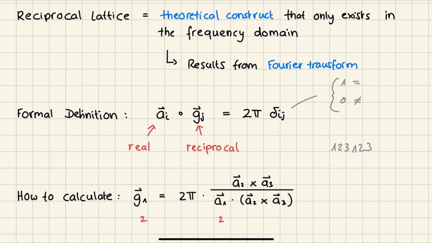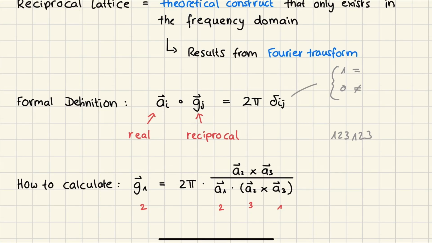Since we have to include them in ascending order, after the 2 comes the number 3, and after the number 3, we're back to 1. So for g2, the formula would be exactly the same except for the order. And that's what cyclic permutation means. If this was happening in descending order, it would be an anti-cyclic permutation, but ours is cyclic in ascending order.